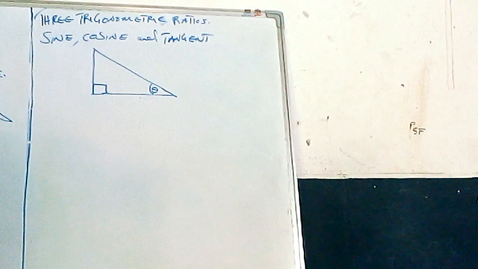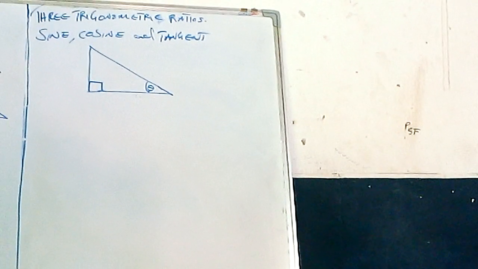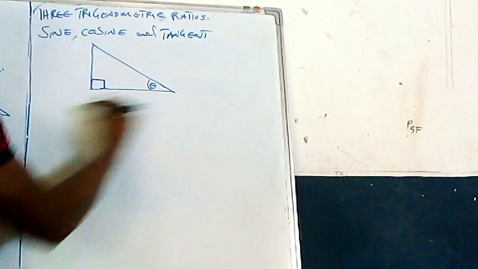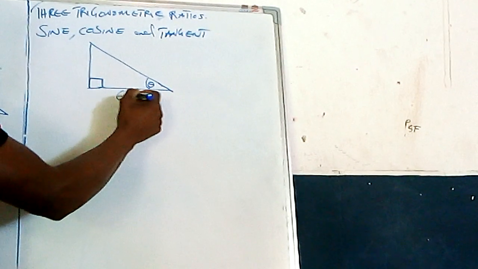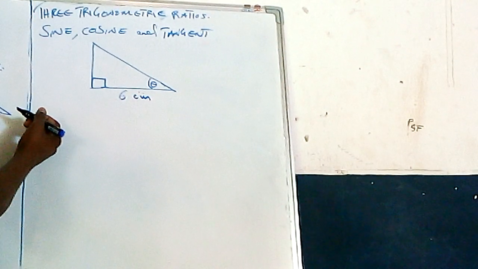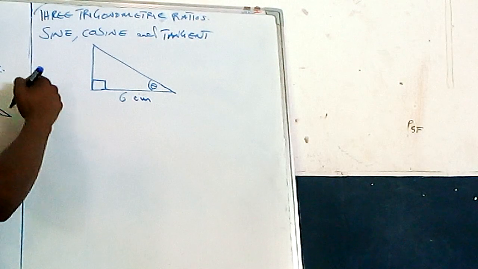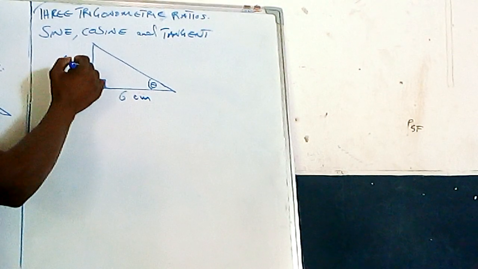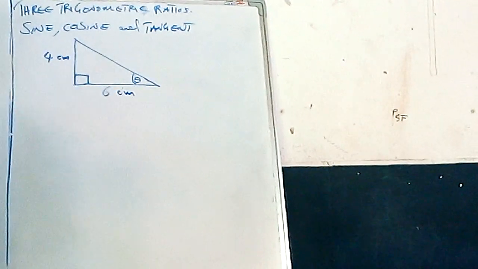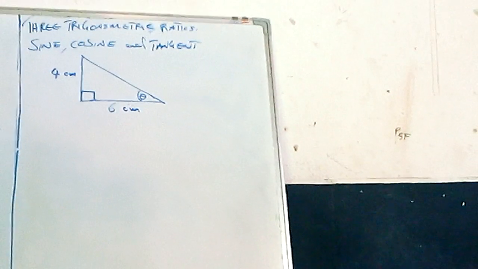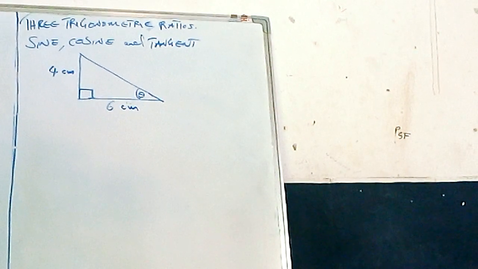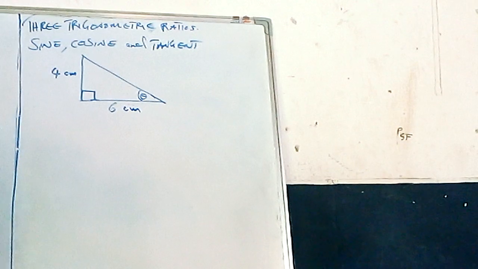Suppose this side here is given as 6 centimeters, and this side here is given as maybe 4 centimeters. Then you're asked, can you find the angle theta? What are you supposed to do? There's something that you need to do here.